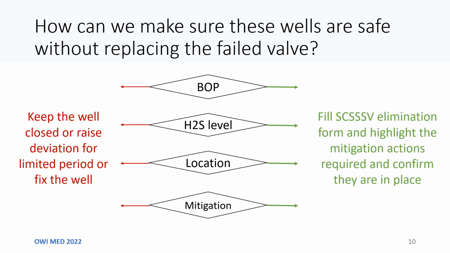So we chose wells that pass the location criteria: they should be away from facilities, camps, roads, or any place where people frequently visit by more than the safe distance.